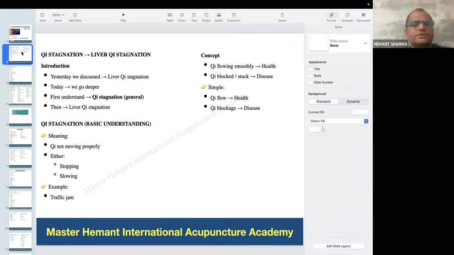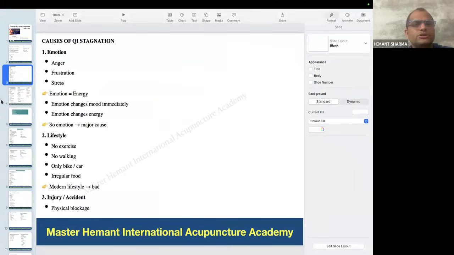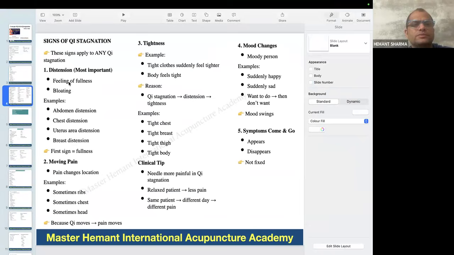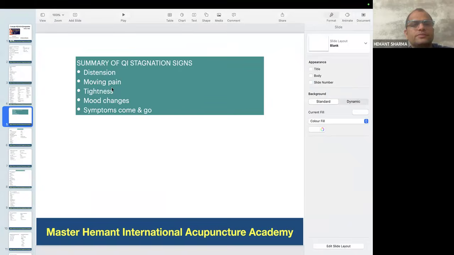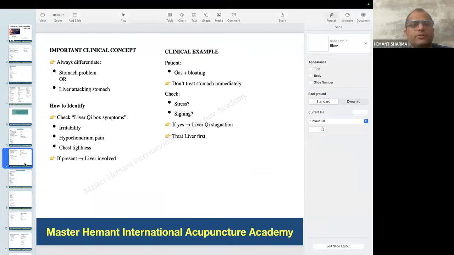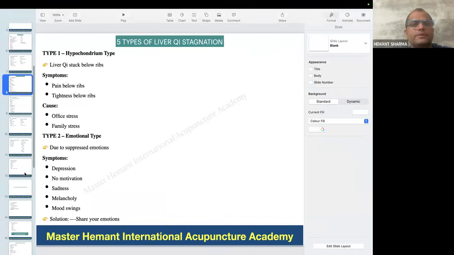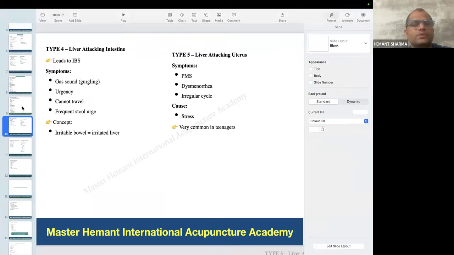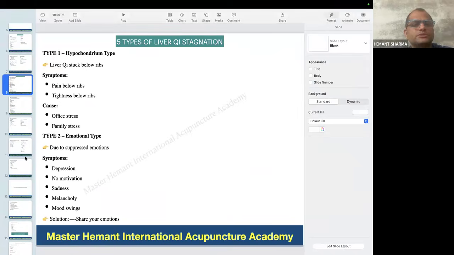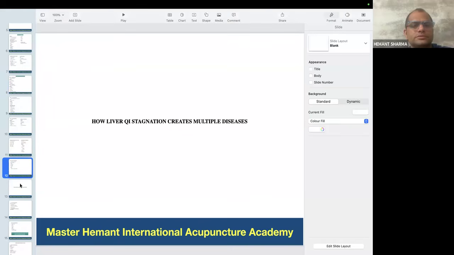So we have discussed this. What is chi stagnation? Causes of chi stagnation. Then signs of chi stagnation. Then we have discussed all these things. 5 types of chi stagnation. Then we have discussed how liver chi stagnation creates multiple diseases.